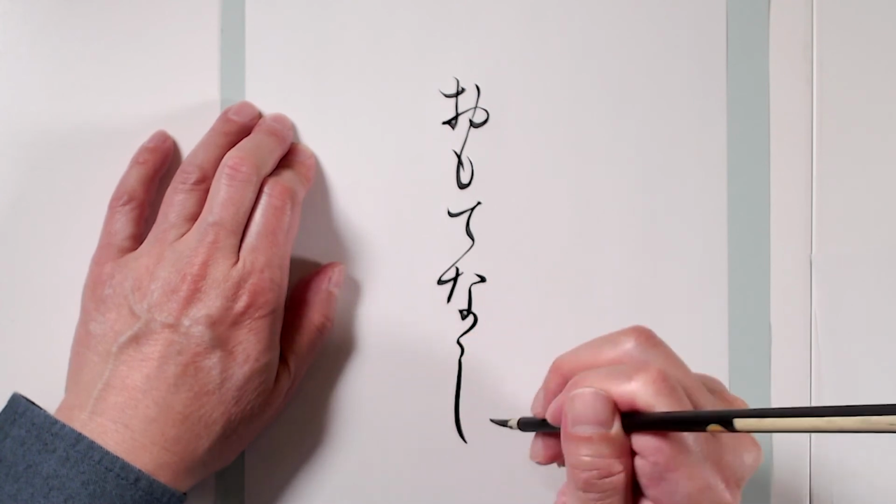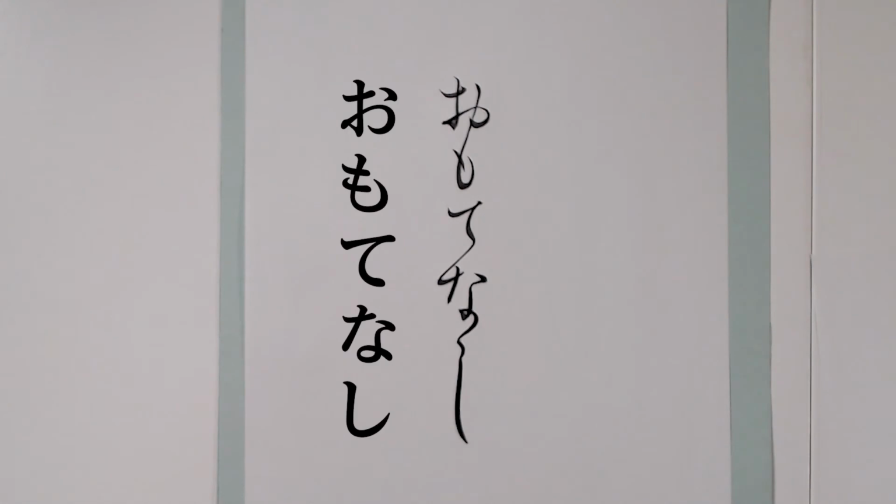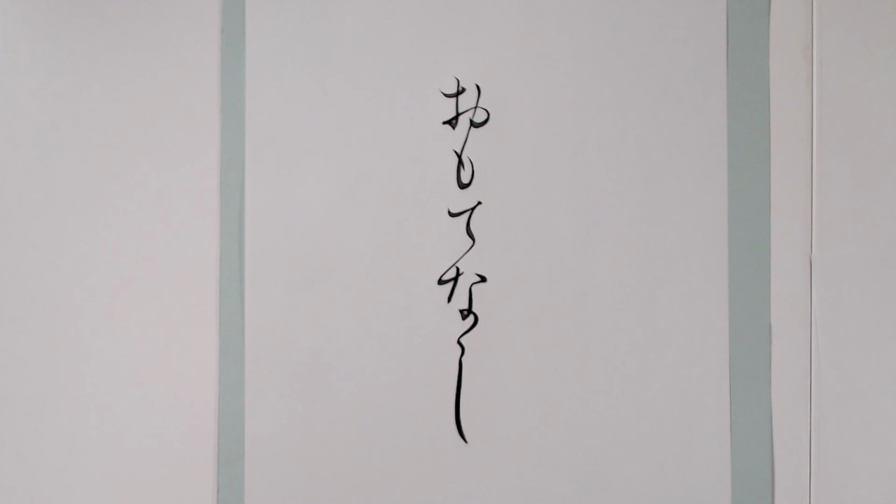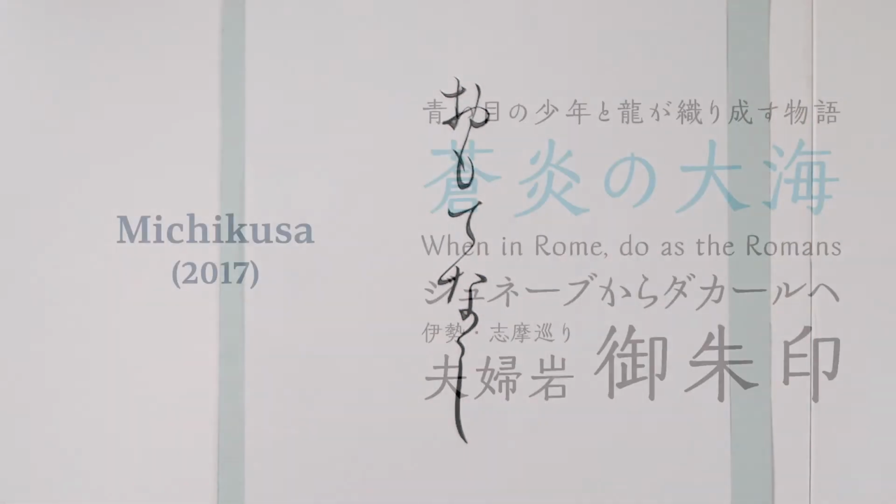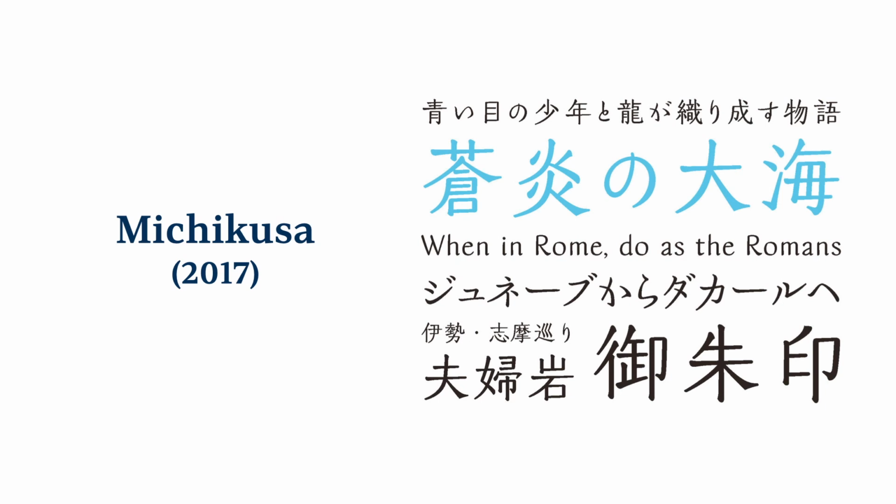To summarize, Kana is a character written with a brush moving rhythmically. In the process of writing words with a brush, Kana characters are connected to each other, creating a beautiful flow of brushstrokes called renmen. There are many fonts that try to reproduce such continuous renmen lines, one of which is a font called Michikusa, which I have put up on the screen here.